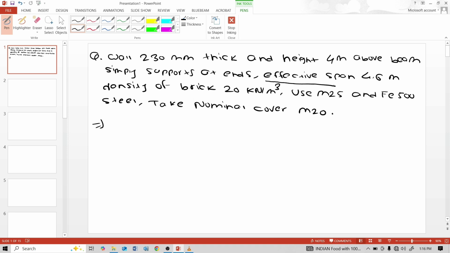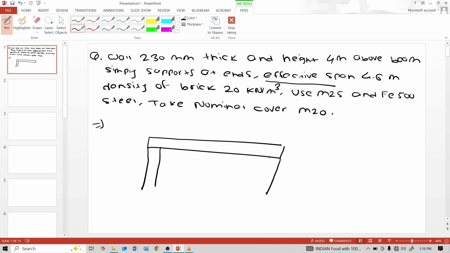This term effective span means, this is beam, this is column. Sorry for my drawing.